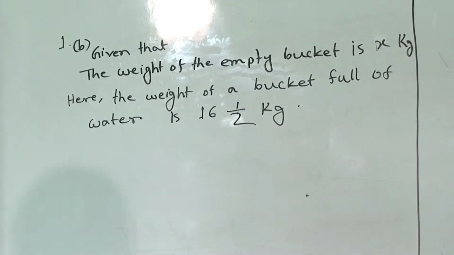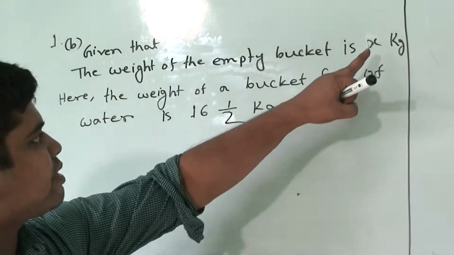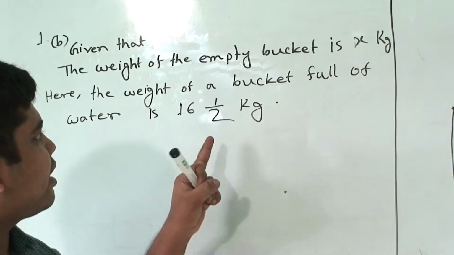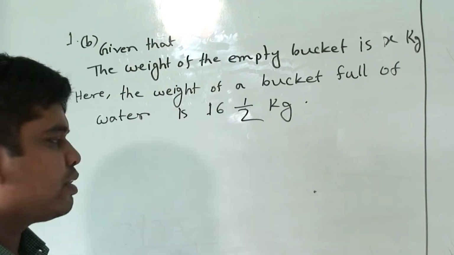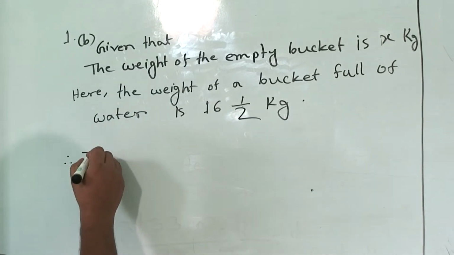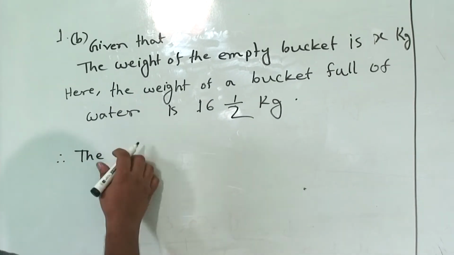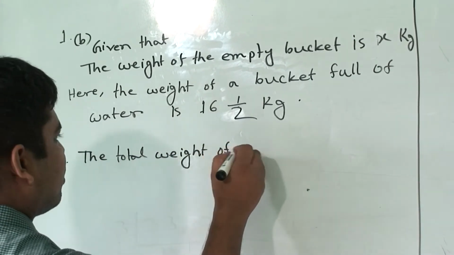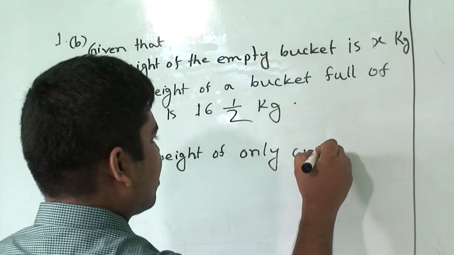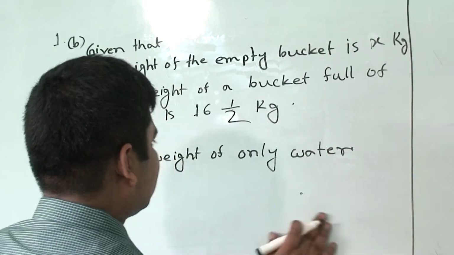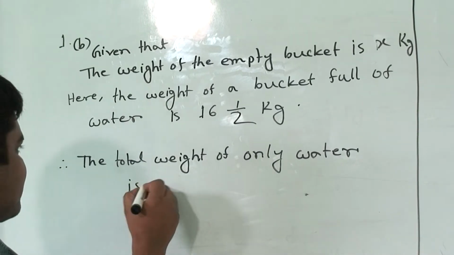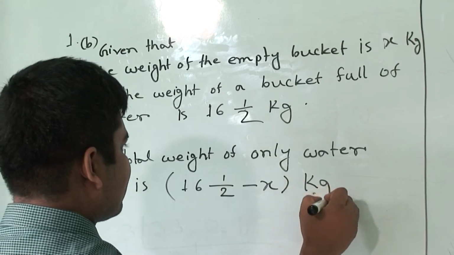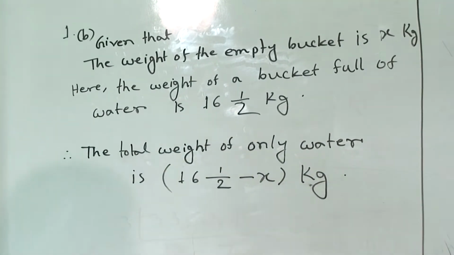Dear students, now notice if I subtract this x kg, that means the bucket's weight, then I get the weight of only water. So now write, therefore the total weight of only water is 16 into 1 by 2 minus x kg. Okay, I hope you have understood.